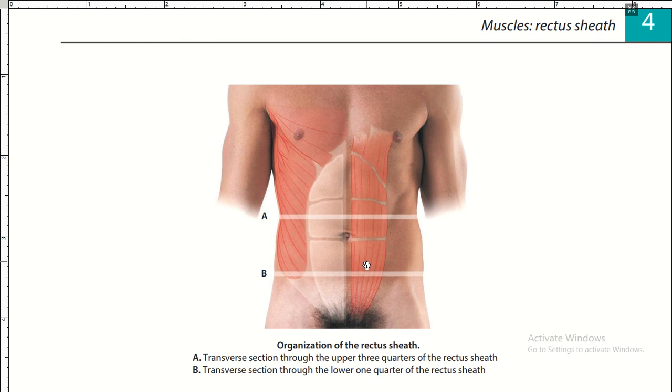Before we take these cross sections, the rectus sheath does not completely enclose the rectus abdominis. As much as it encloses the rectus abdominis muscle, it does not completely enclose it. So let's take a look. What forms the rectus sheath?